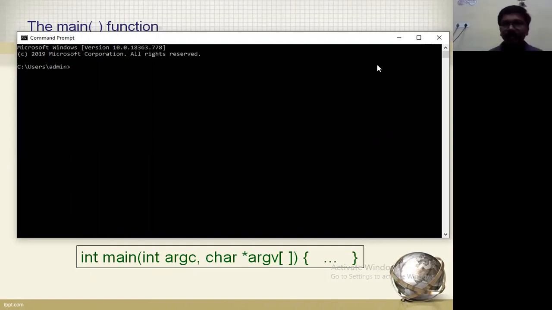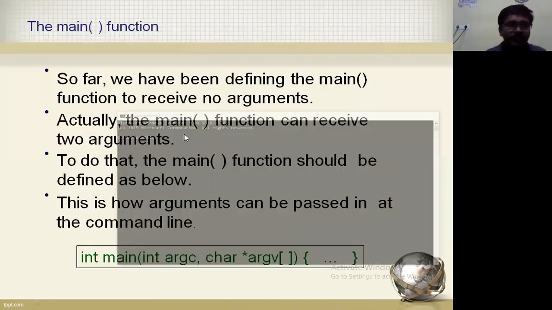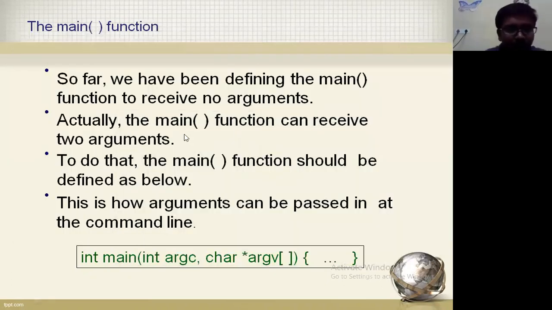Let us verify the functionality and how we can program these command line arguments. For command line arguments, you have to focus more on the main function. The main function plays the key role in operating the command line arguments. So far we have defined the main function to receive no arguments.